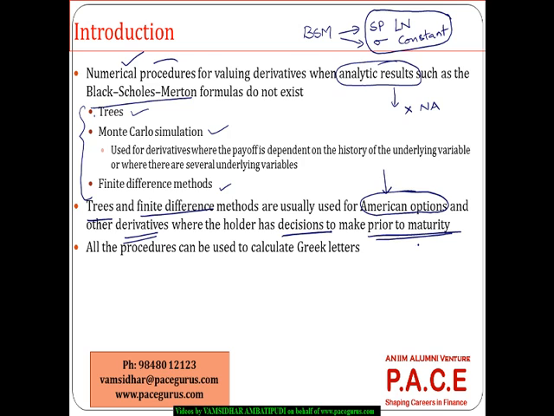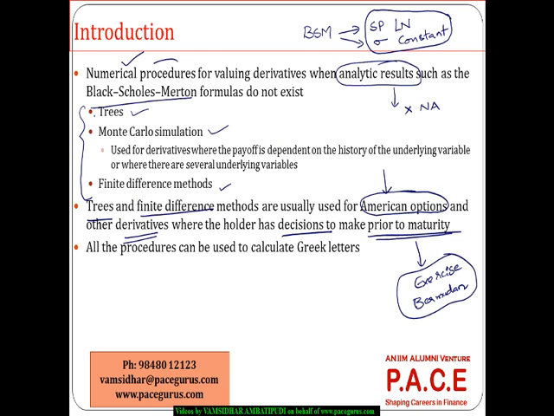What does that mean? In an American option, I can take an exercise decision even before maturity, or probably a Bermudan option where there are multiple points of exercise. So different kinds of options where the decision has to be taken before the maturity date itself, we can very well use the trees and the finite difference methods.